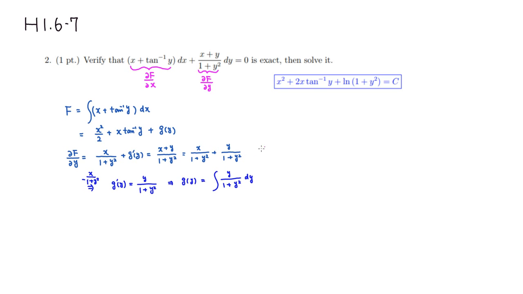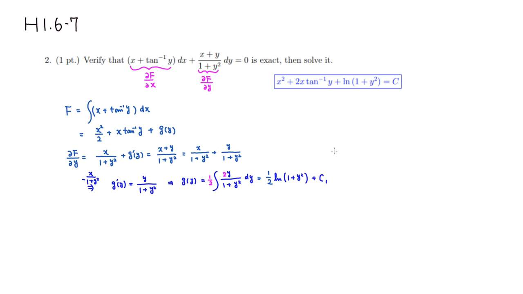We have just 1y, so I'm going to multiply by 2 and divide by 2. So the integral is going to be 1/2 natural log of 1 plus y squared. You don't have to put absolute value because this is already positive. And then plus some constant, I'm going to call it C1.